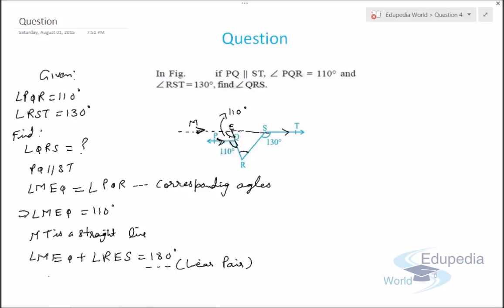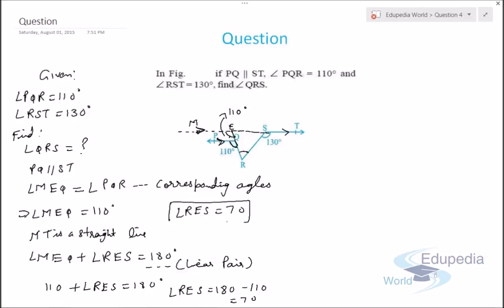So this means MEQ is 110 plus angle RES equals 180 degrees. So angle RES will be equal to 180 minus 110, which is 70 degrees. So we got angle RES as 70, means this angle is 70 degrees.